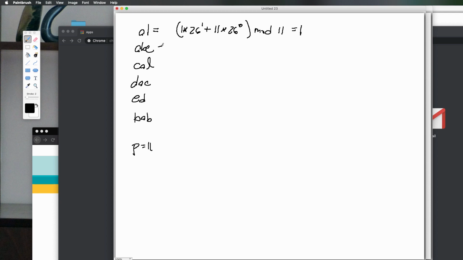And when I do ABE, that is 1 times 26 squared plus the B is a 2, so that's 2 times 26 to the first plus E would be 5 times 26 to the 0, and I do that mod 11, and that actually turns out to be 7.